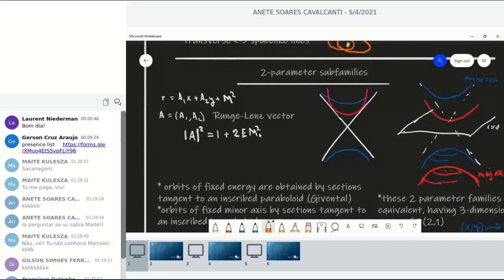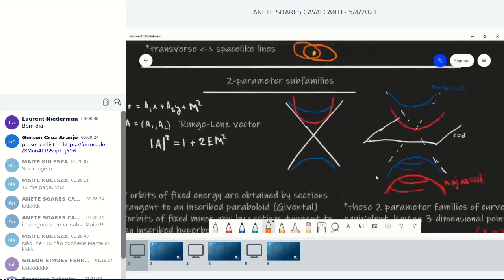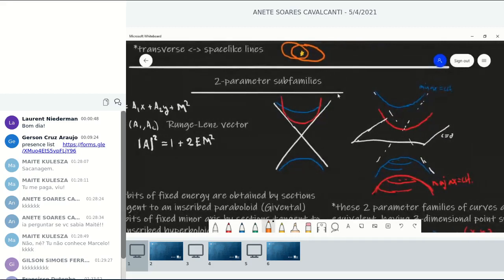It turns out that if you fix the energy, or major axis, which is the same thing, and I wrote major axis here in red, you get, in the dual space, a hyperboloid of two sheets, where one of its branches is tangent to the origin. These are the orbits of fixed energy.